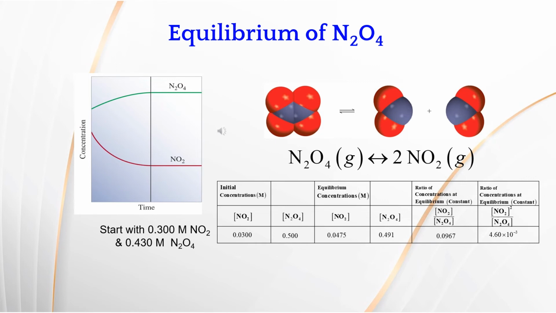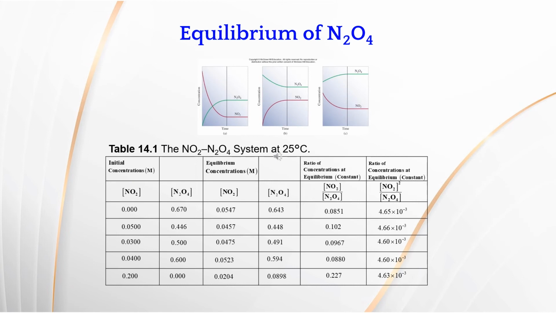And with the coefficient, the ratio remained the same. Hence, from the experiment results, we find that the concentration of nitrogen dioxide raised to the power of its stoichiometric coefficient, divided by the concentration of dinitrogen tetraoxide at equilibrium, gives a nearly constant value regardless of the initial concentrations present.